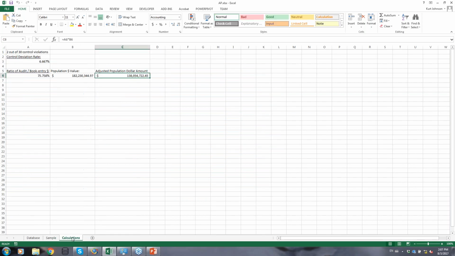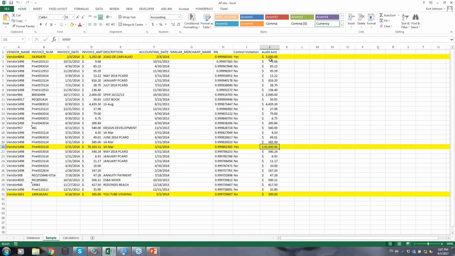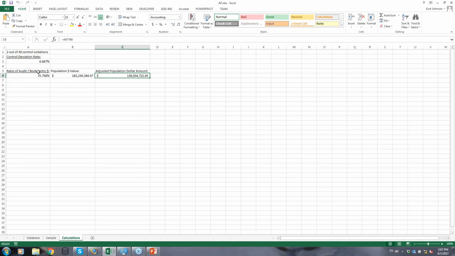So we could perform some calculations. We noted that 2 out of 30 items had control violations, so we may conclude that the control deviation rate is 6.667%. Then, adding up the total dollar amounts for audit items and the total amounts for the invoice items, we could take a ratio of the audit amounts to the book entry amounts and find that about 75% of the sample items were correct in terms of dollar amount.